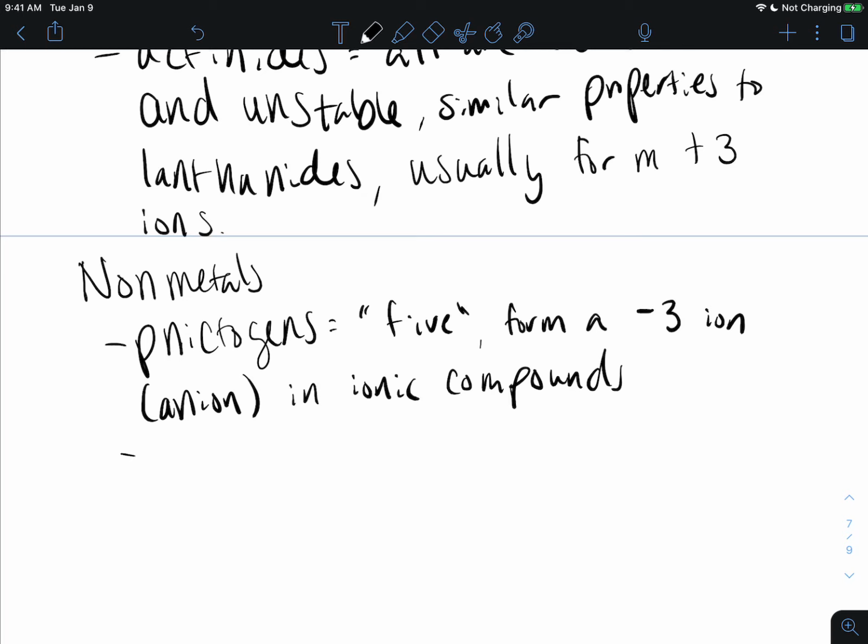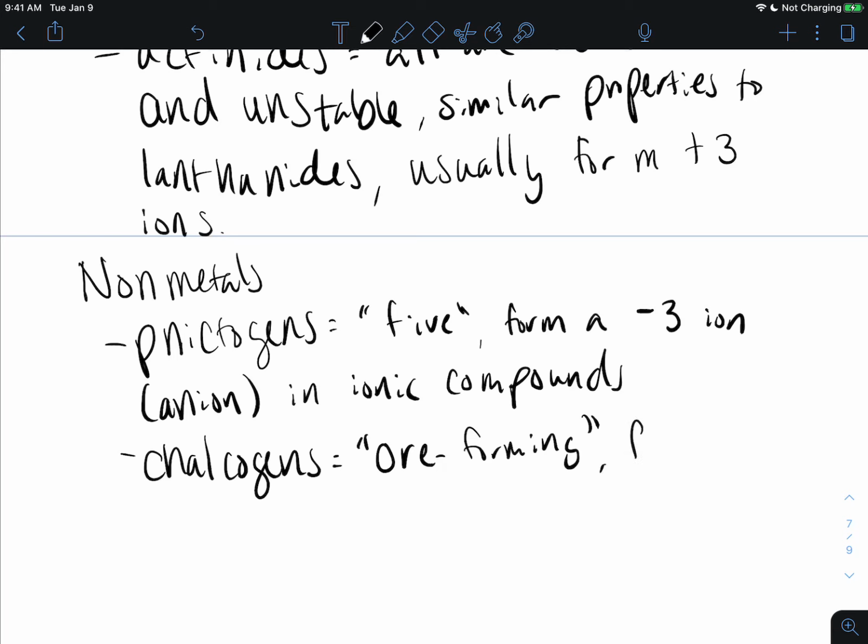Okay, then we have our chalcogens. Chalcogen means ore forming, as most of them are found in ores. And they are generally going to form a -2 ion in ionic compounds.